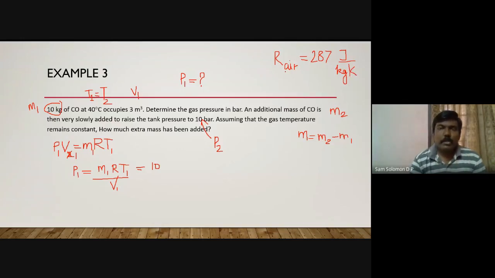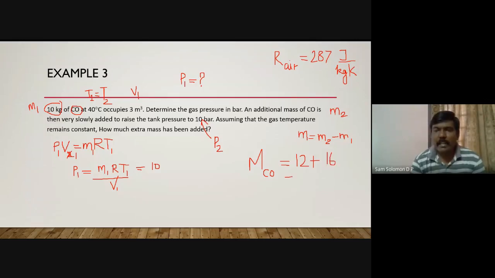Here what is given to us is carbon monoxide, so we need to know the molecular mass of carbon monoxide. It is the molecular mass of carbon plus the molecular mass of one atom of oxygen. Molecular mass of carbon is 12. Molecular mass of monoatomic oxygen is 16.